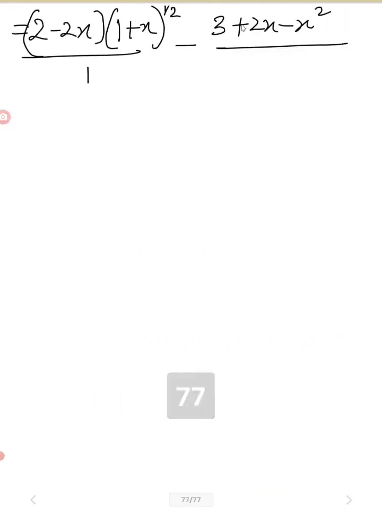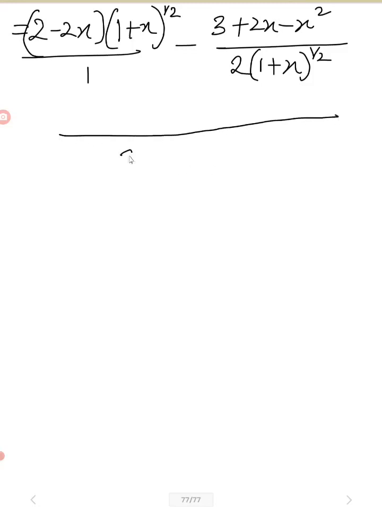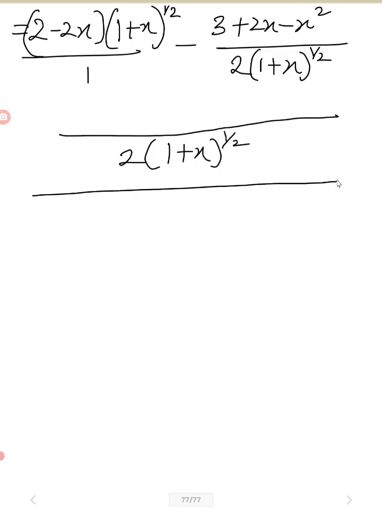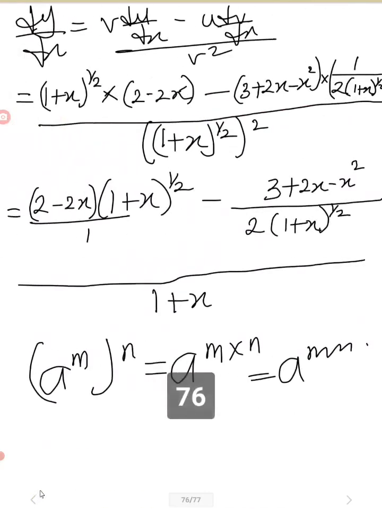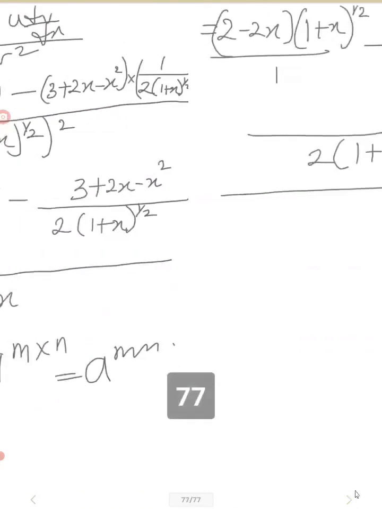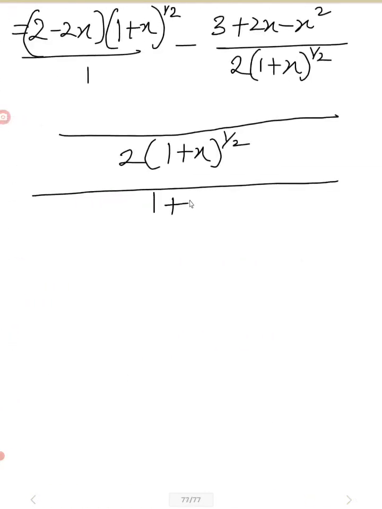That is 2 onto 1 plus x raised to power half. Therefore, the first LCM is 2 onto 1 plus x raised to power half, all over 1 plus x.